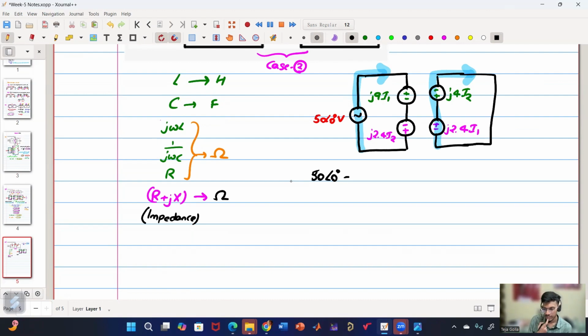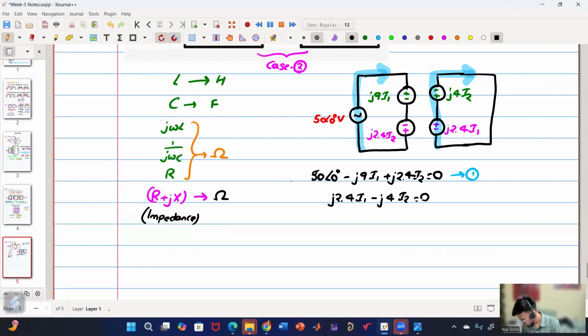The two equations are: 50 angle 0 minus j9 I1 plus j2.4 I2 equals 0, and plus j2.4 I1 minus j4 I2 equals 0. From this I can calculate I2 to be 0.6 I1, and this is my equation 2. Now substitute equation 2 in equation 1 and solve for I1.